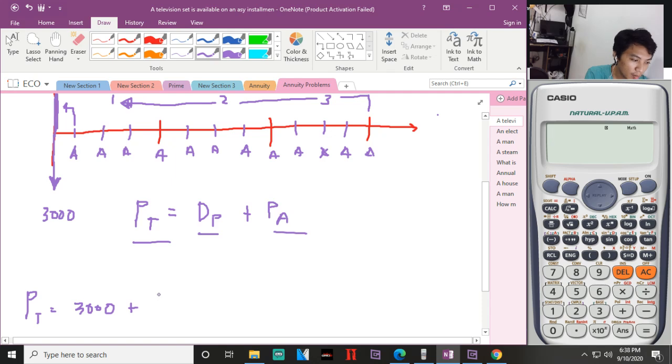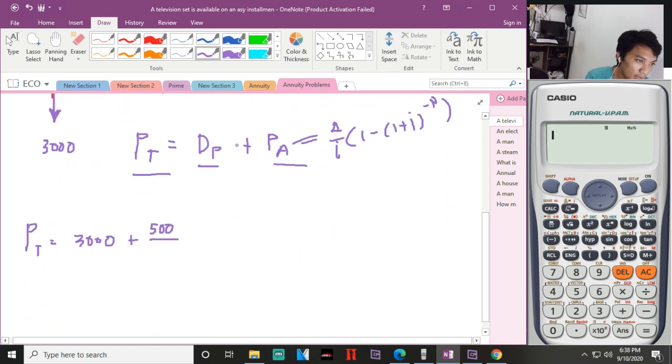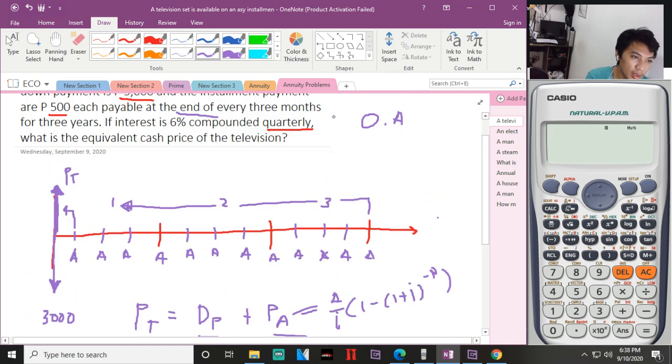PA is equal to A over I multiplied by 1 minus 1 plus I raised to negative N. And we will have yung payment natin na 500, and divide that with our 6% compounded quarterly.